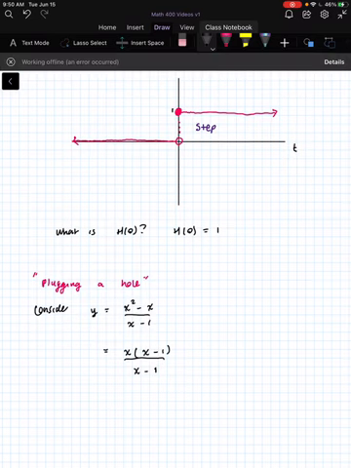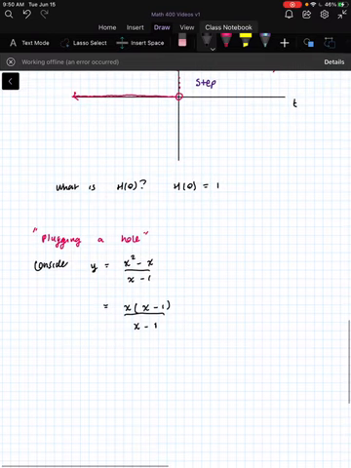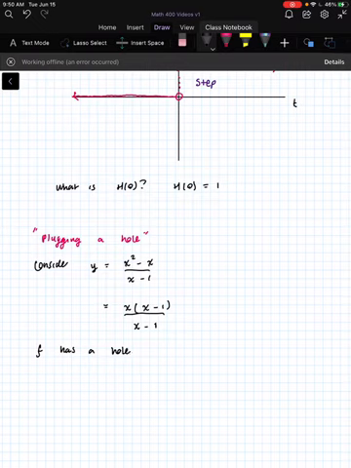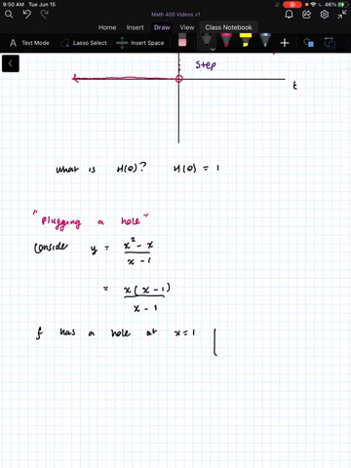The numerator is x times x minus 1, and the denominator is x minus 1. Typically, when we're working with this algebraically, we would say we can just cancel those, but we can't here. Why is that? So this function is interesting in that it has a hole at x equals 1. So in other words, x equals 1 is not part of the domain.